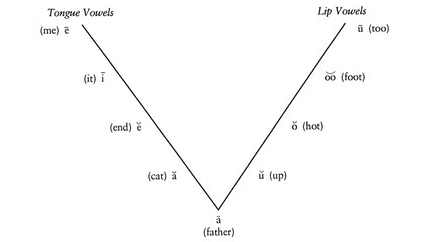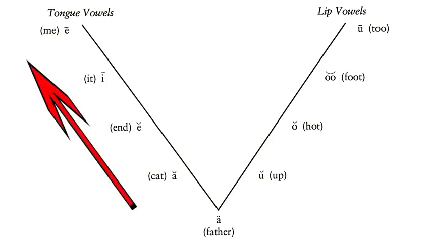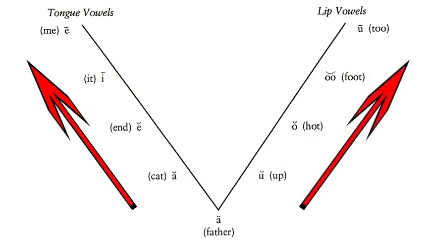Note that the Y is the extreme end of the tongue vowels, going from the ah sound, to the ee, and is therefore a semivowel. And note going up the lip vowel side, ow.